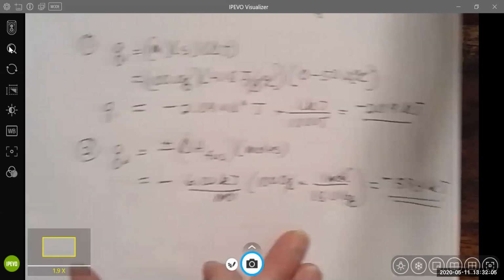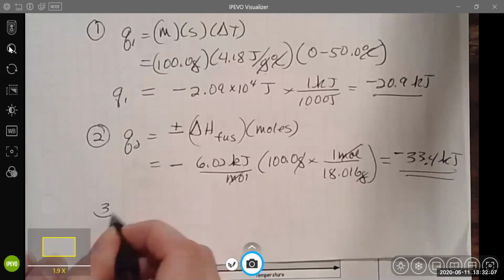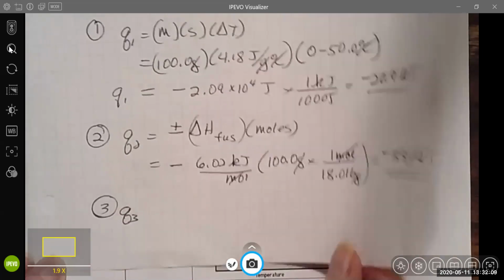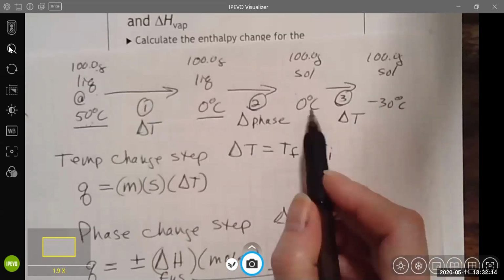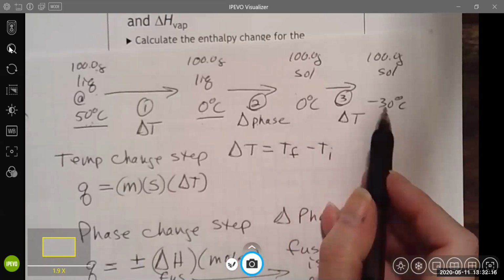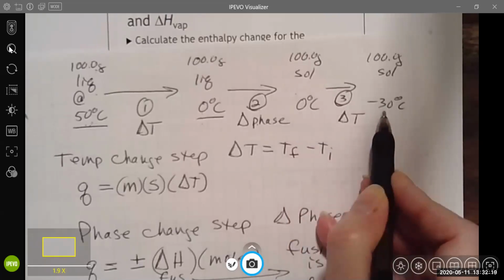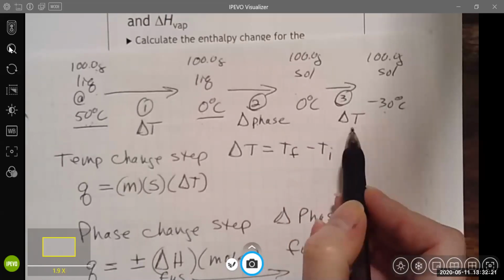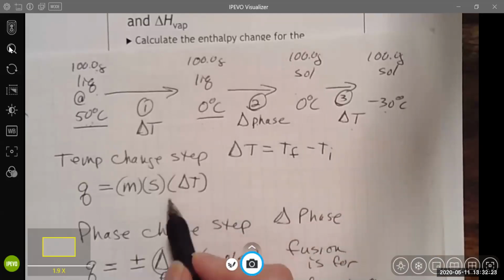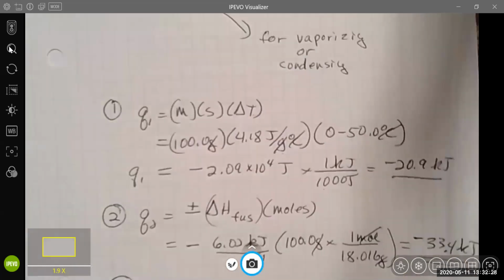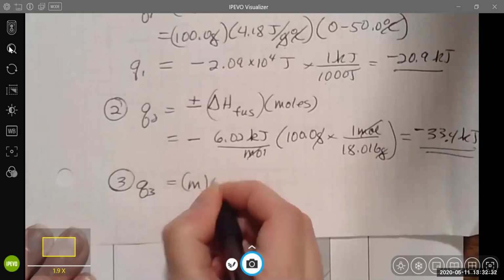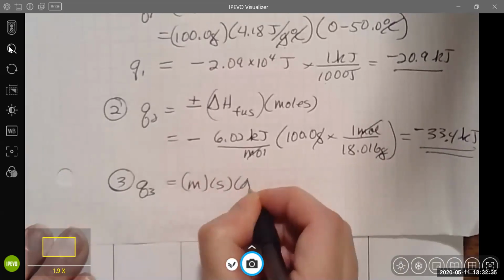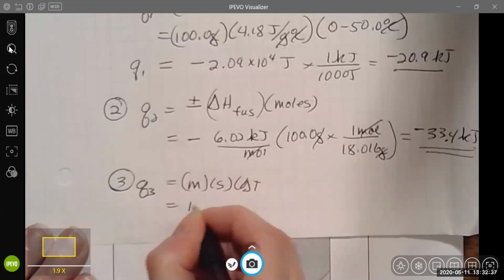So step 3. Okay, let's go back and look. Now we have our frozen ice at 0. We want to get it to be very cold, at negative 30. So this is a change in temperature step, and we're going to use this equation again: Q equals m s delta T. Mass is still 100 grams.